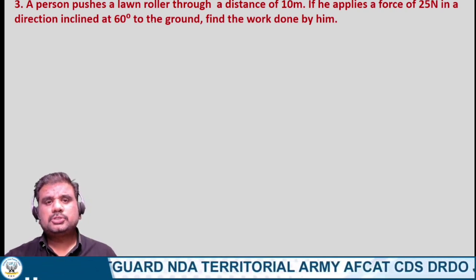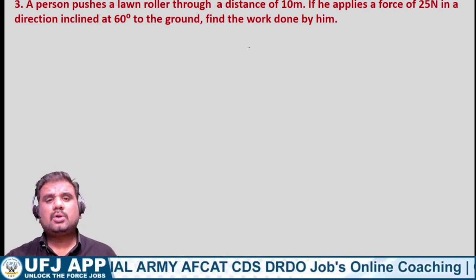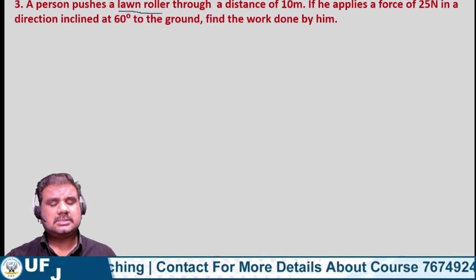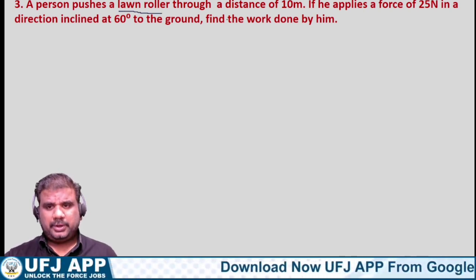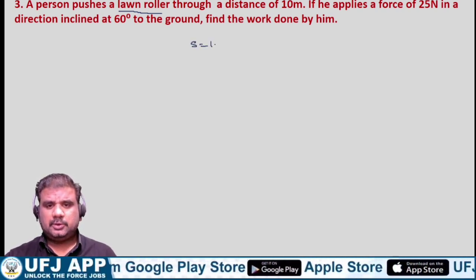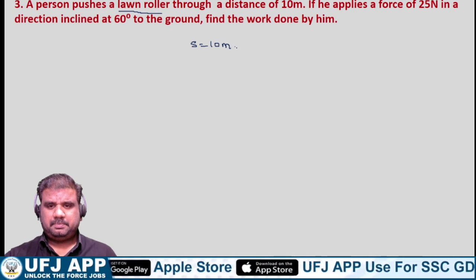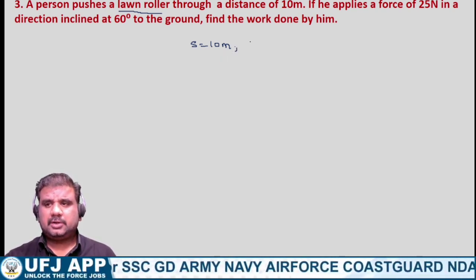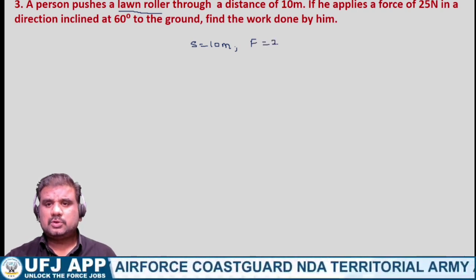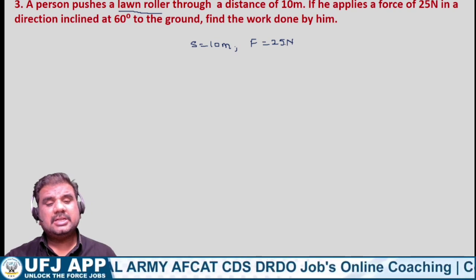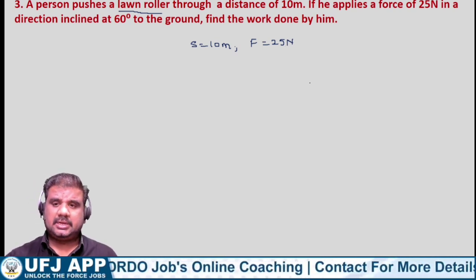A person pushes a lawn roller. Lawn roller in the sense, the one which is used to cut grass in the gardens, right, through a distance of 10 meters. So here in this particular case, S value is given equal to 10 meters. If he is applying a force of 25 newtons, so force applied is equal to 25 newtons in a direction inclined at an angle of 60 degrees.